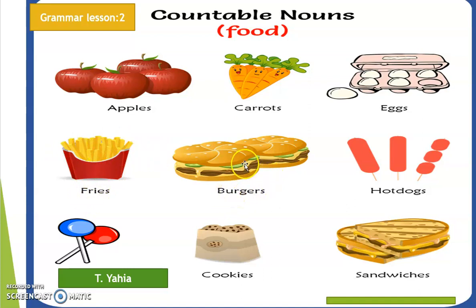And then there are 2 burgers. And then the hot dogs, 1, 2, 3 hot dogs, you can count as well. And there are the cookies. We can also count how many pieces of cookies. And then the sandwiches, so there are 2 sandwiches. So we can count them as numbers.